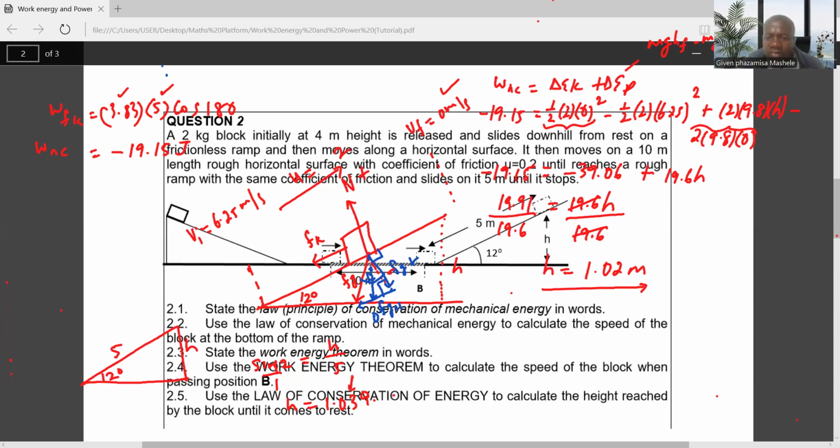You see, that is roughly the same as that. Maybe it's due to the rounding or when we were calculating the work done by the non-conservative force.